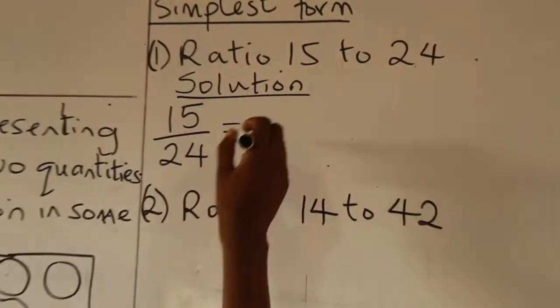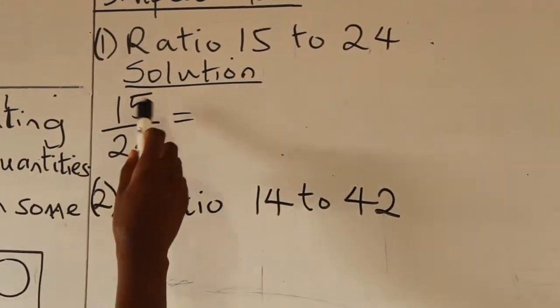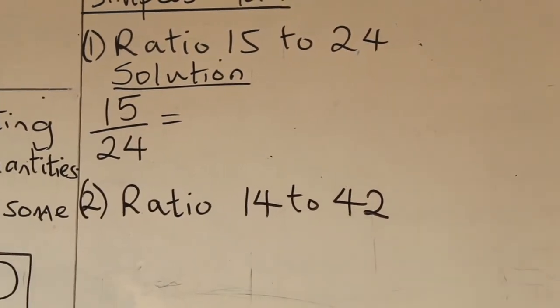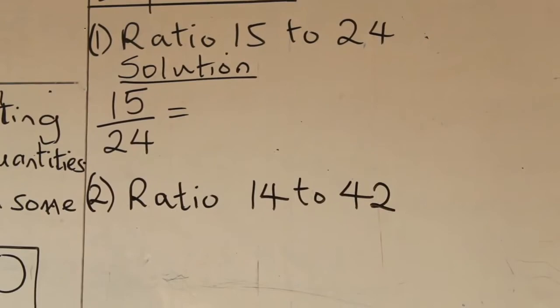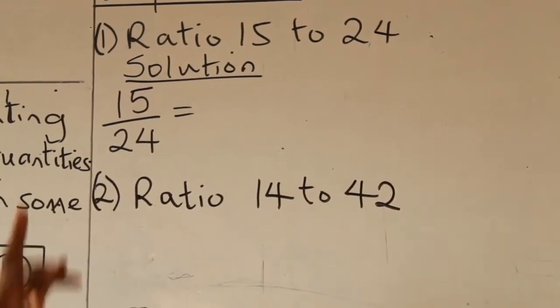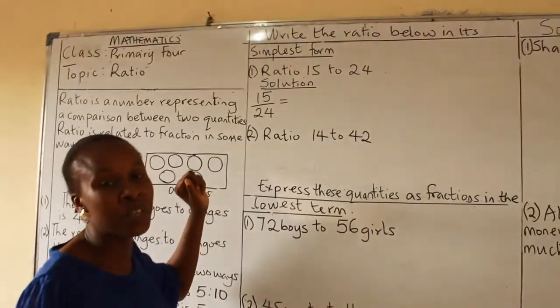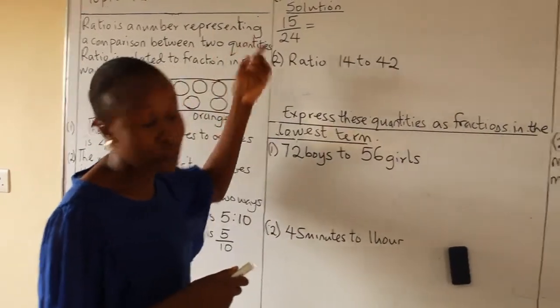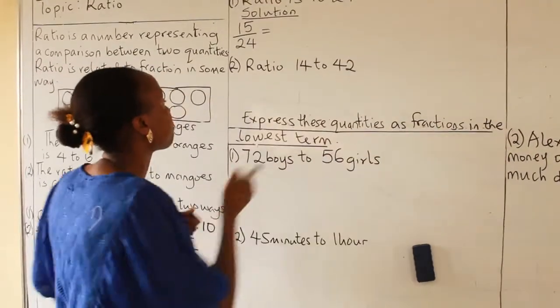To reduce 15/24 to its lowest term, we will be dividing 15 and 24 by a single number.